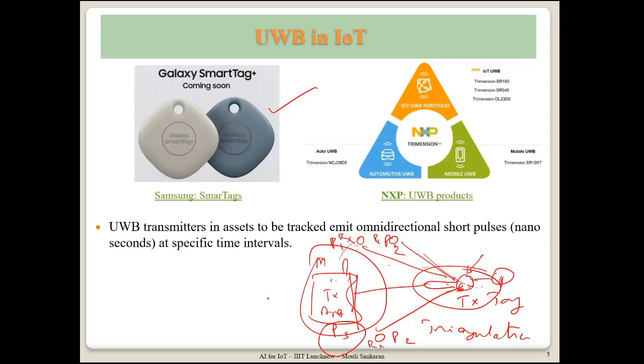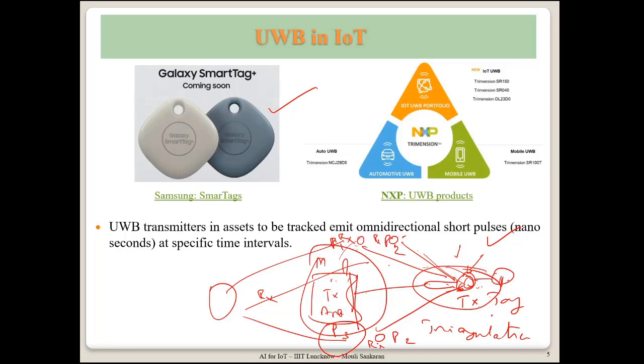Now this is very important to remember. The tag which is tied to the key keeps on transmitting some information which is received by multiple devices which are positioned in different places, and we know those positions, and someone is working on finding out, based on these positions, the exact point in which this key is there in the room.